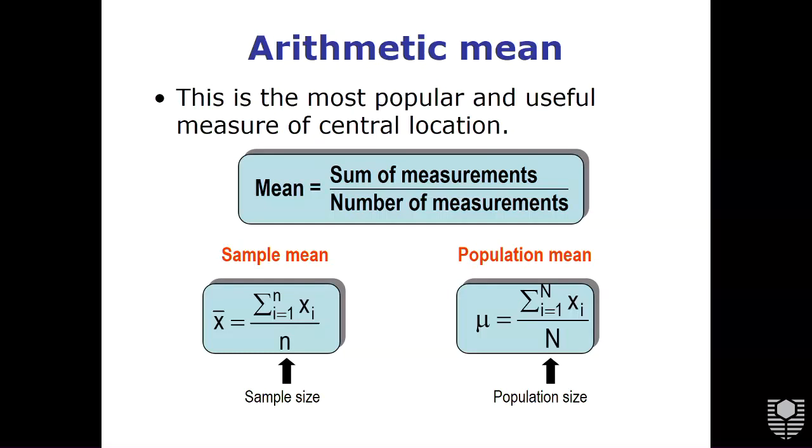And you're going to have the lowercase n. But if your data is a population, what are you going to use? Mu, right? Mu. And you're going to use uppercase N. That's the difference between the measurements.